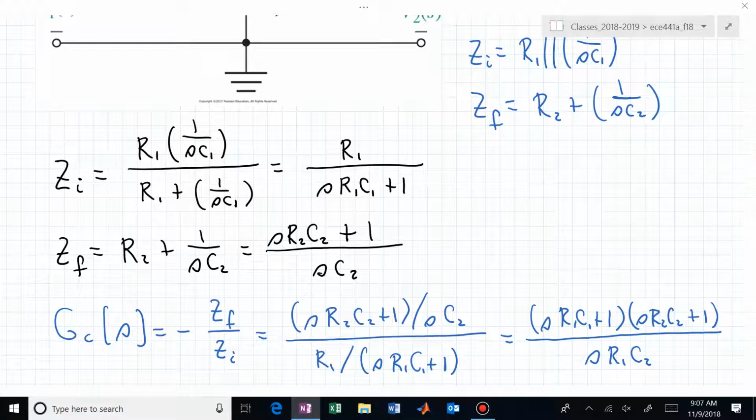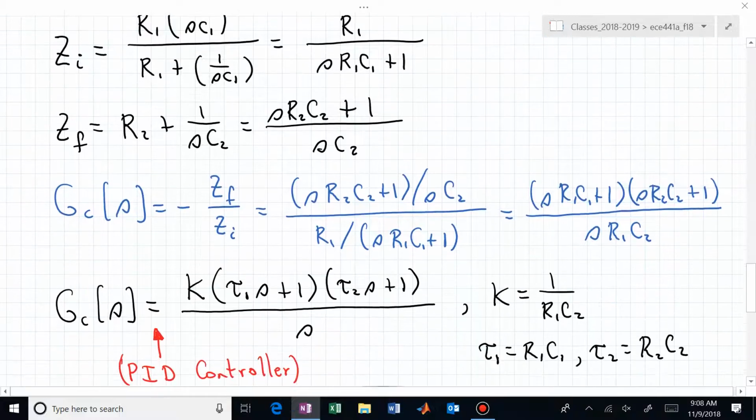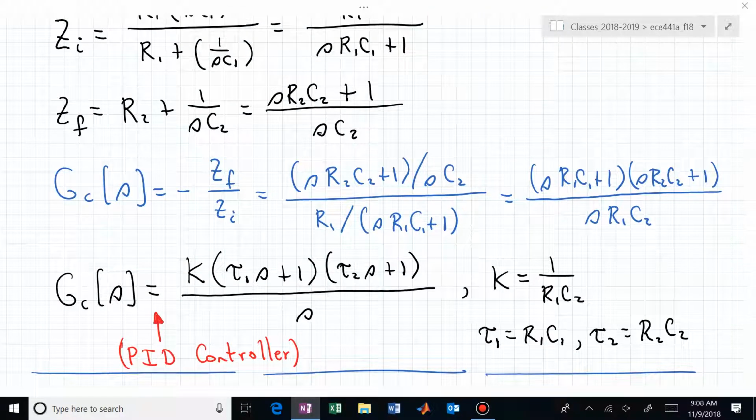So now you're seeing that you have a couple of factors, and those factors actually end up, both of them, in the numerator of your transfer function G sub C, and then you have a single S in the denominator. There's also some R1, C2, but you could think of that as scaling the entire transfer function. In essence, this is what you have.